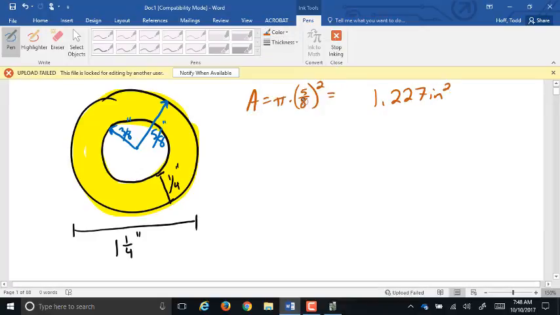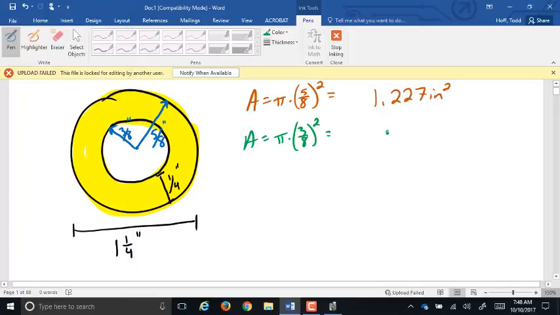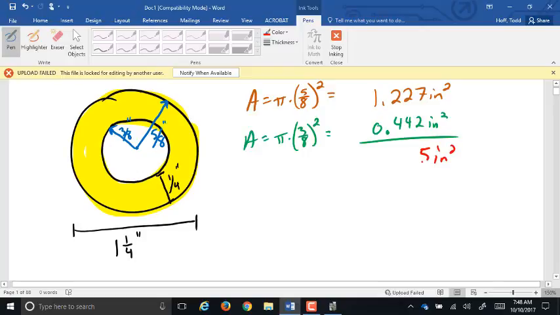The small circle is going to have an area of pi times 3/8 squared, or 0.375 squared. There's 0.442. We subtract, we would get 0.785 square inches.